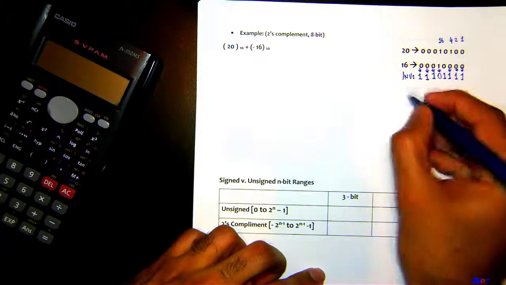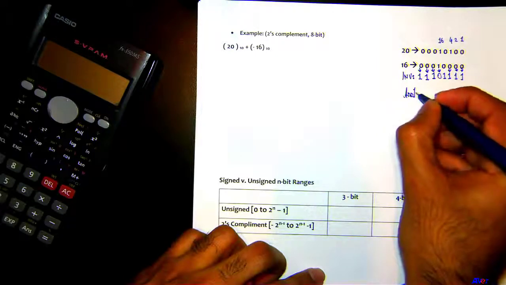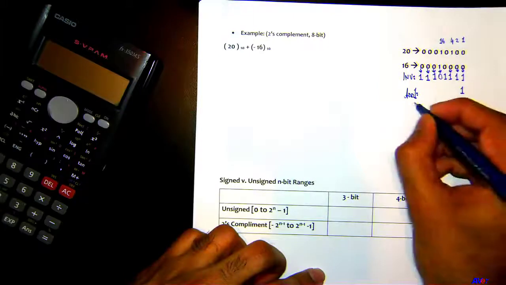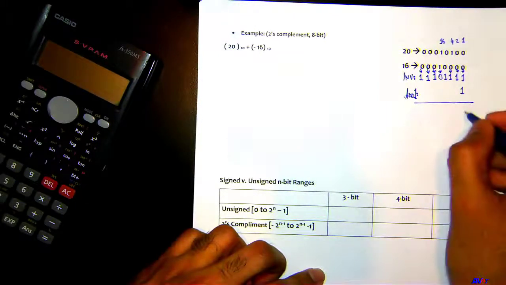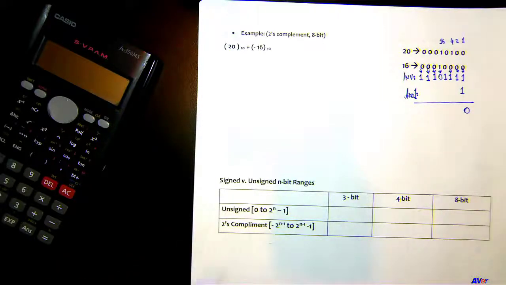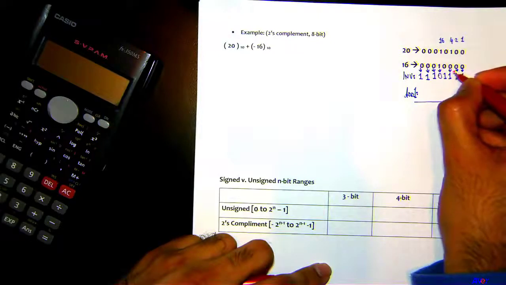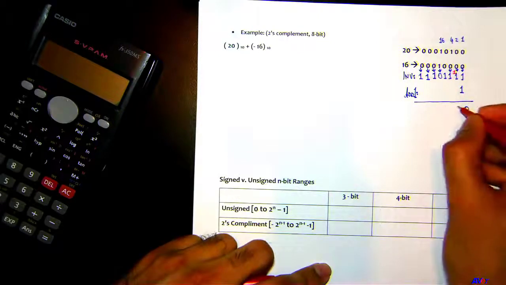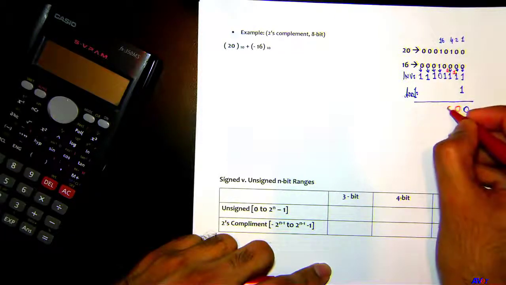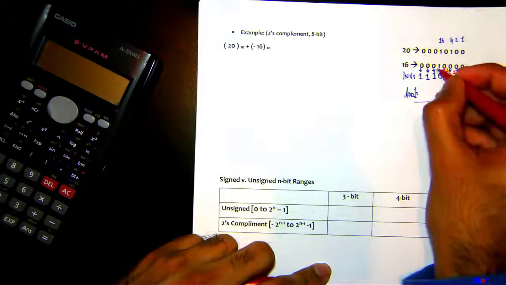All right, next step is to add 1. So I add 1 here. 1 plus 1, sum is going to be 0, carry is going to be 1. 1 plus 1, sum is going to be 0, carry is going to be 1. 1 plus 1, sum is 0, carry is going to be 1.